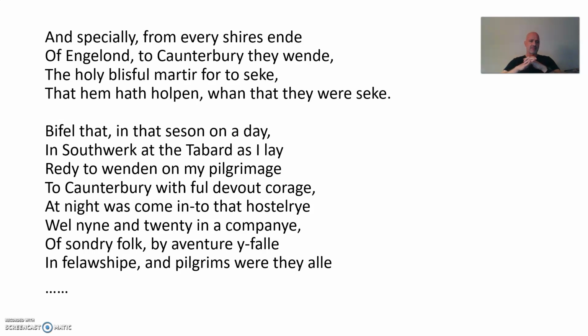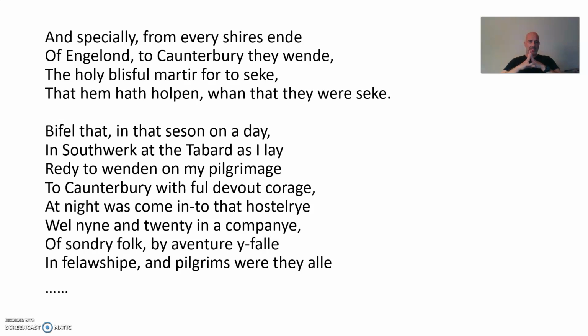Befell that in that season on a day in soothwork at the tabard as he lie, ready to wenden on me pilgrimage to Canterbury with full devout courage. At nicht was komme into that osterie, well 29 in a compagnie of sundry folk, wie aventure I falle in fellowship, and pilgrims were they alle.